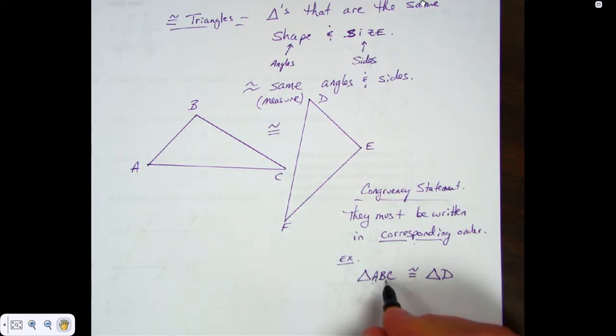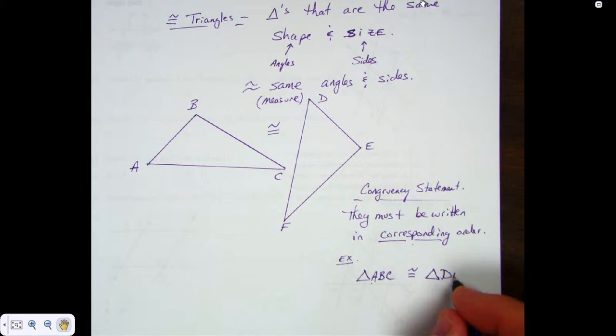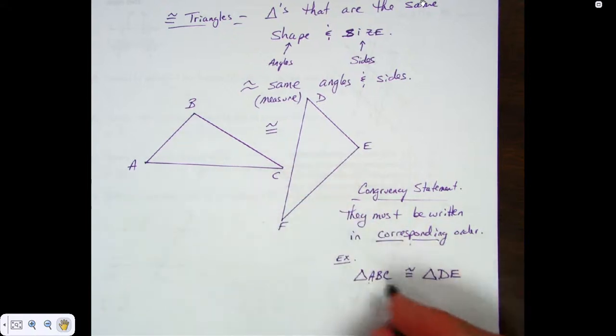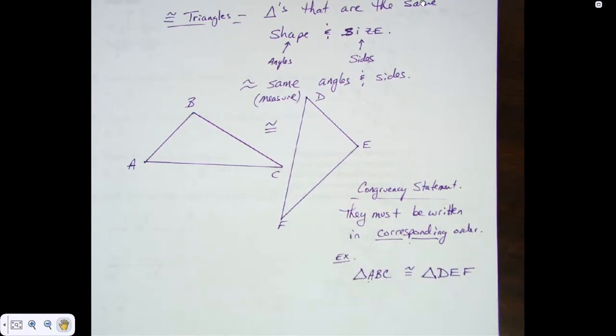What's the copy of B? What's the copy of C? This is written properly. I could have said triangle BAC would be congruent to triangle what?